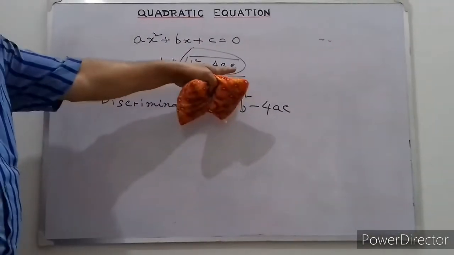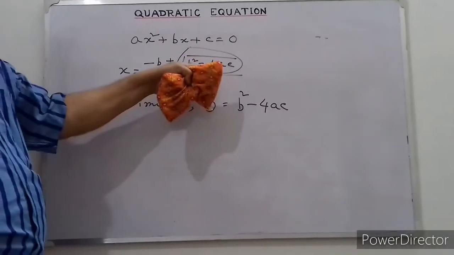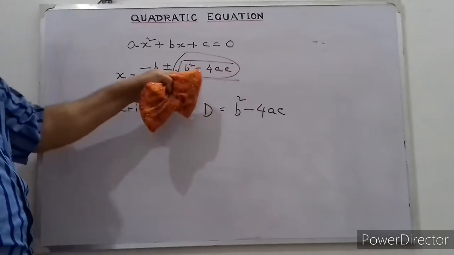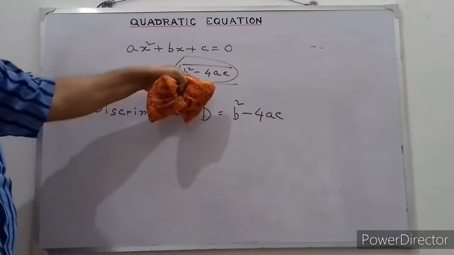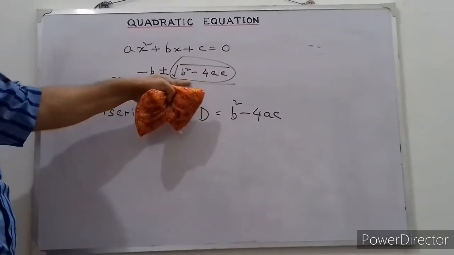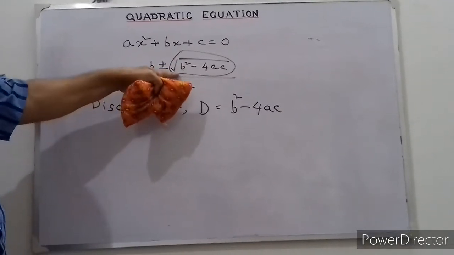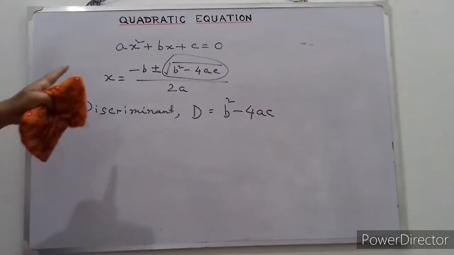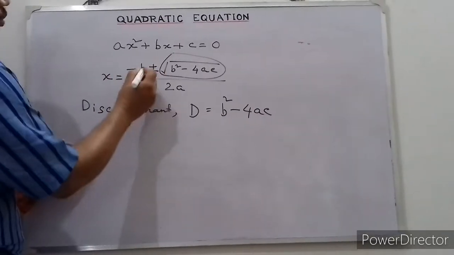Now b square minus 4ac, if its value is more than 0, then this will be a positive real number. Minus b plus minus something by 2a. So in that case we will get two values of x.